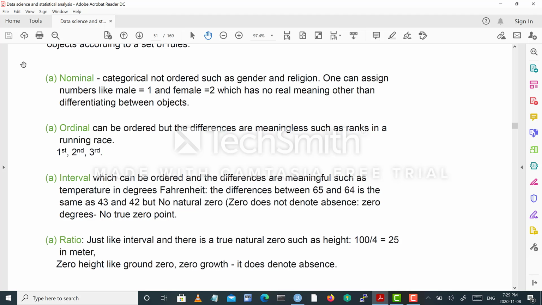Ratio, just like interval, but there is a true natural zero, such as height. For example, 100 divided by 4 is equal to 25, so 4 times 25 is 100 in meters. Zero height, like ground zero, shows that it does denote absence.